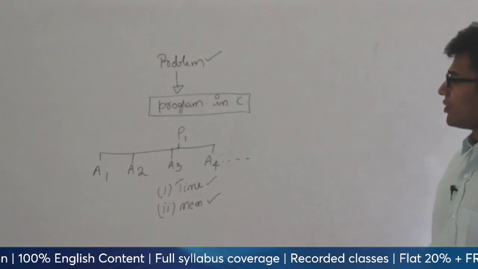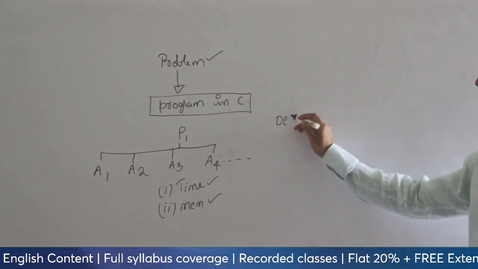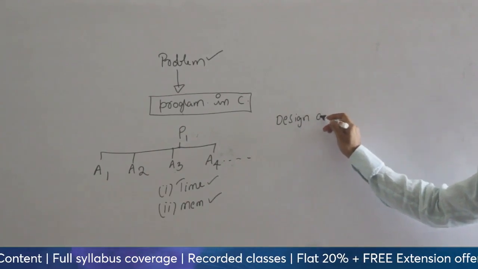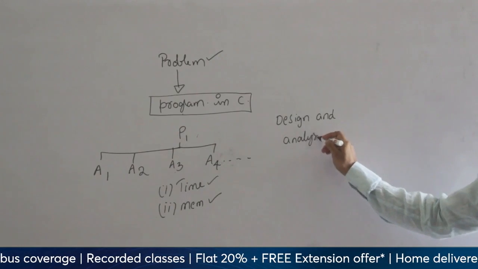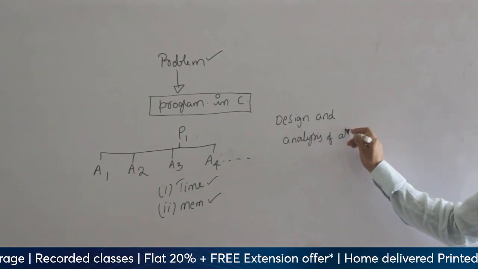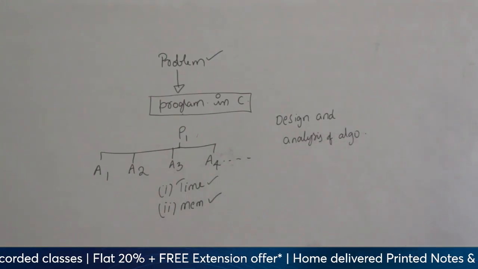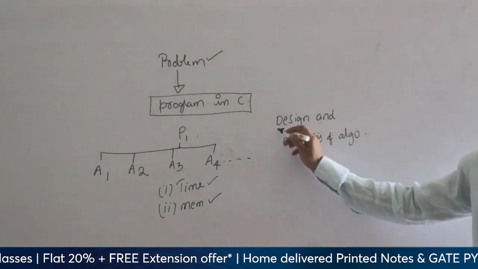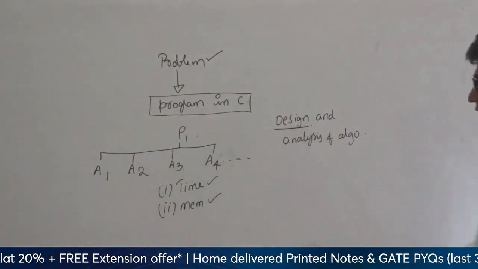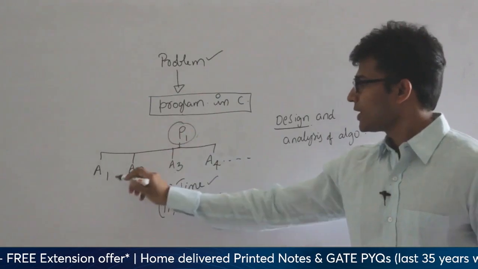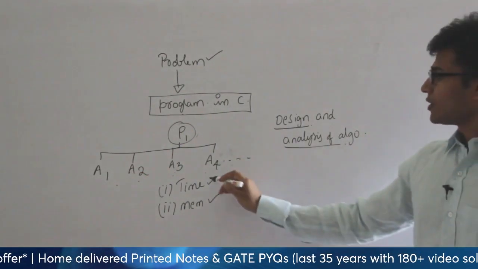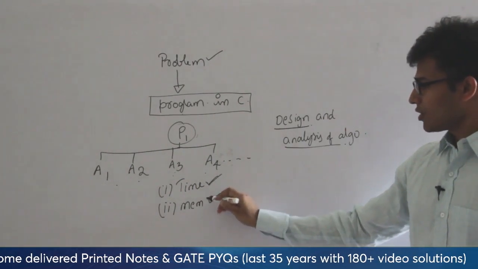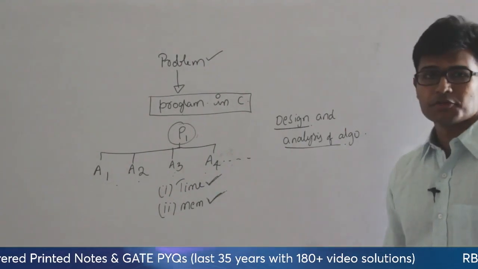So the course Design and Analysis of Algorithms will talk about how to design various algorithms, like for a given problem how many algorithms there are, and how to analyze them: what will be the time taken by each one and what will be the memory required by each one.